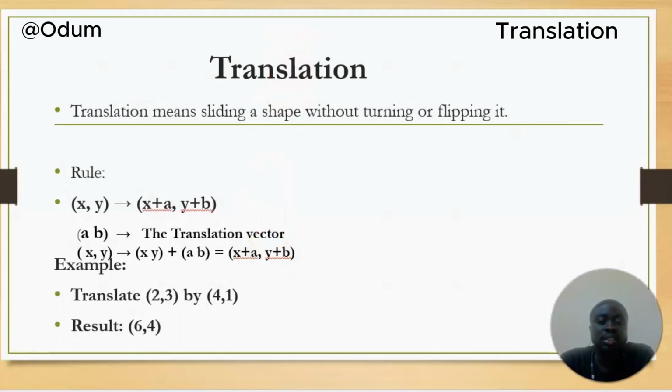Now let's see how this is done. Assuming that we have this point (x, y), we have x, y in column form. Now we have our arrow.